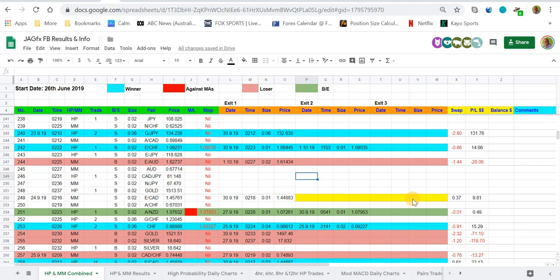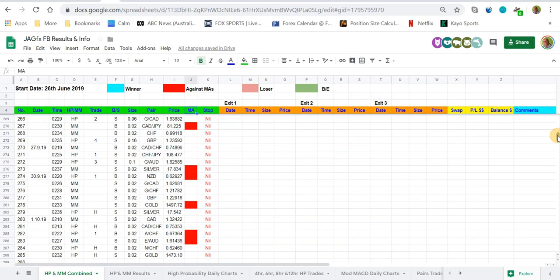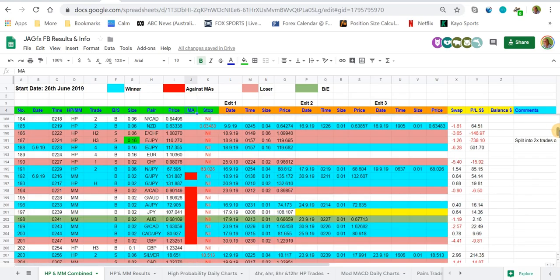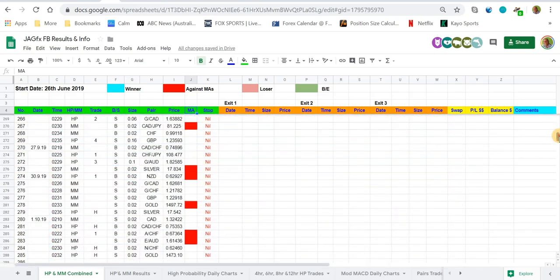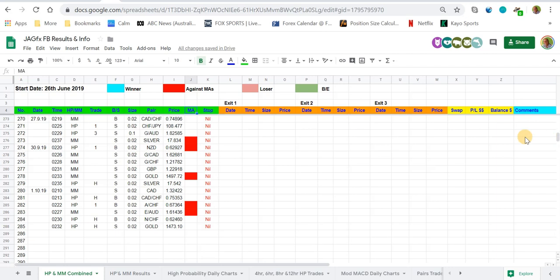If you see a yellow like this, normally means a partial close, and red in the MA column down here basically means a higher risk trade against a trend, something like that. So bit of a variety there, as you can see. So that's shared, it's in a Google Doc. You can see plenty of people, 5 or 6 people looking at it at the moment.